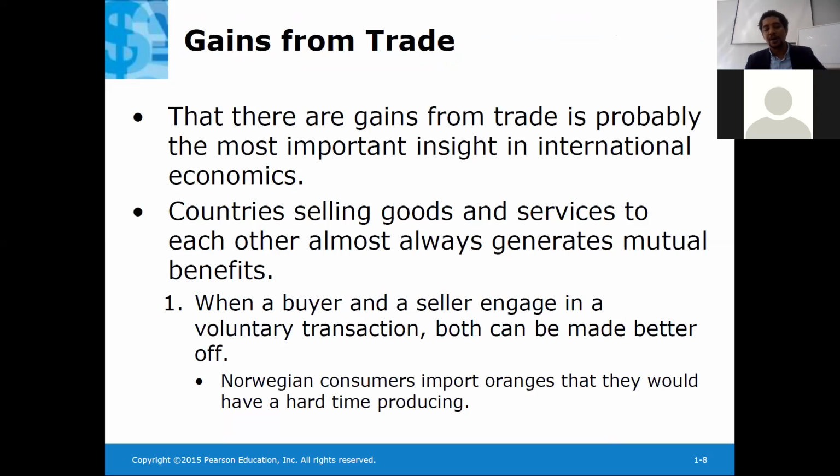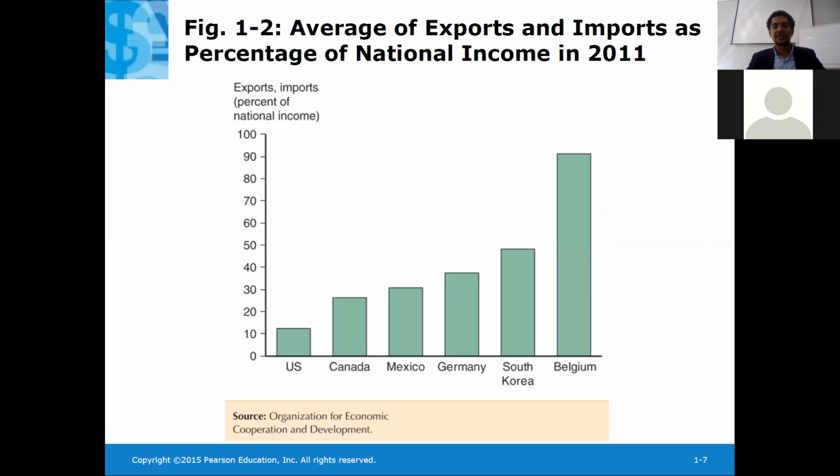Then let's talk about the difference between international trade and international economics.